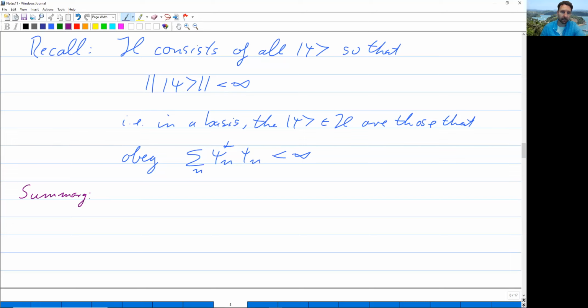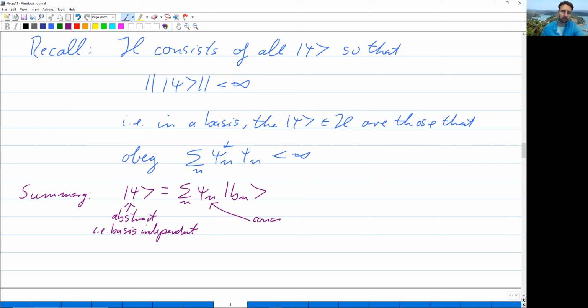We have that the abstract psi is the sum over n of psi_n b_n, where this is abstract, that is to say basis independent, and this is the wave function, which is concrete.